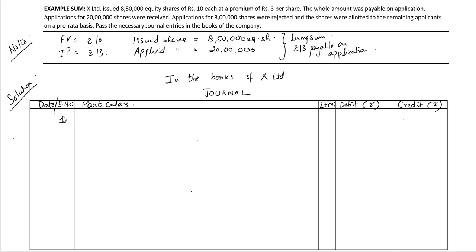The first journal entry is for receipt of application and allotment money. Bank account debit to equity share application and allotment account.